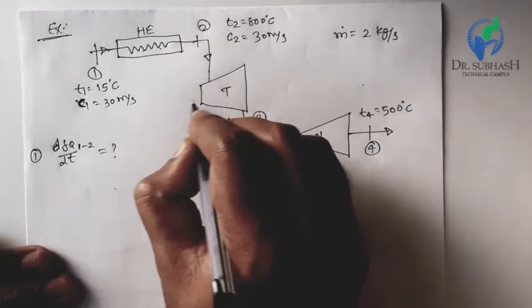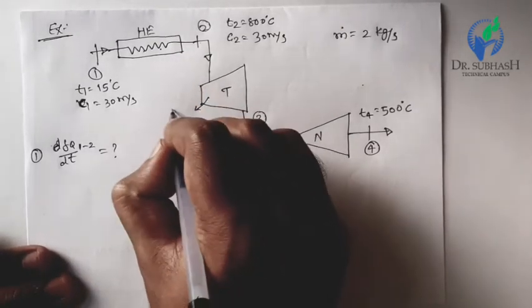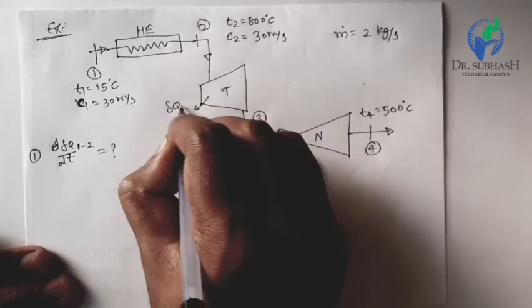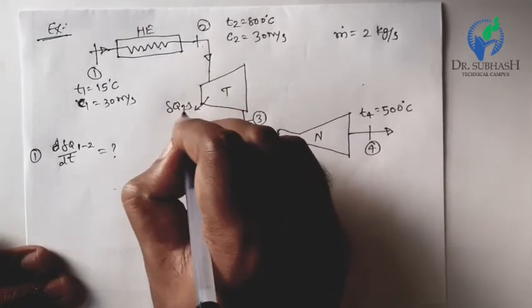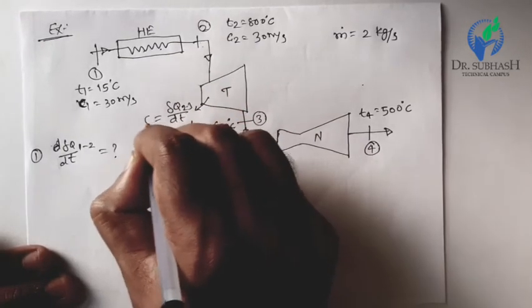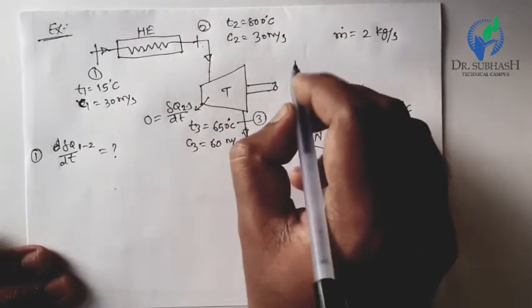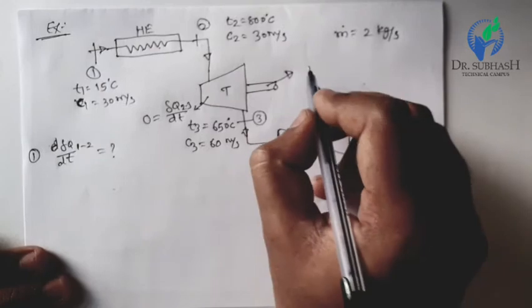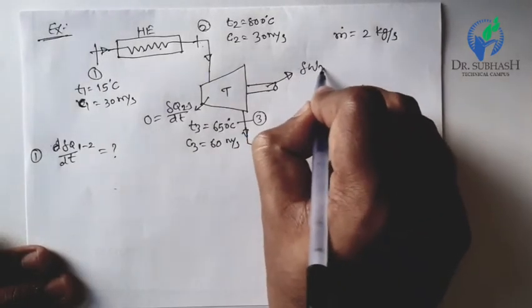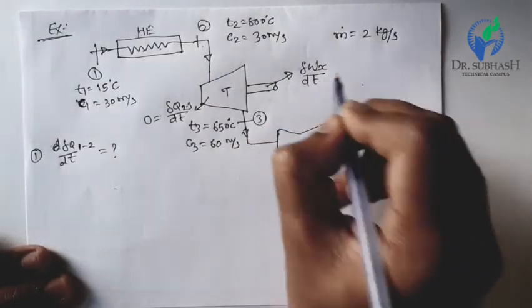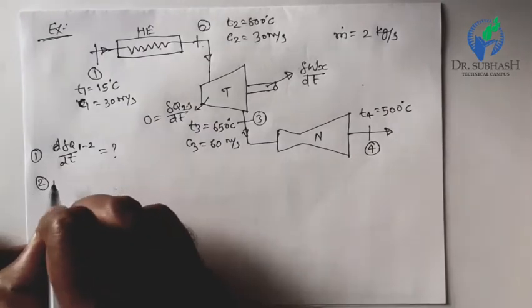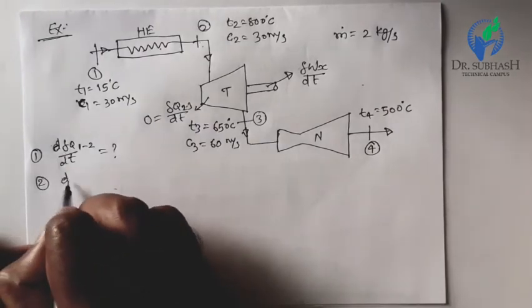So the second term we are going to calculate here is del Wx for the process 2 to 3 divided by dt. Third one is the velocity at exit of the nozzle, so here the velocity C4.